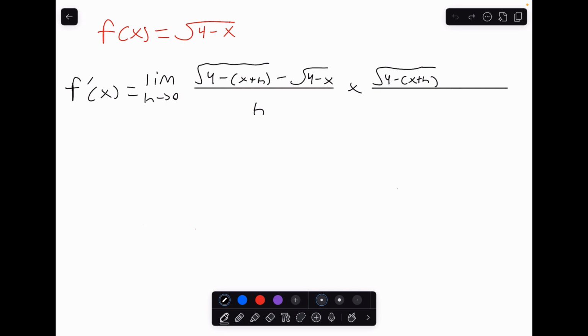So instead of the square root of 4 minus x plus h minus the square root of 4 minus x, it's plus the square root of 4 minus x. So you just simply switch the signs. Okay, and we do the same thing down here. 4 minus x plus h plus instead of minus, right? That's it. Now we're just going to multiply those in.